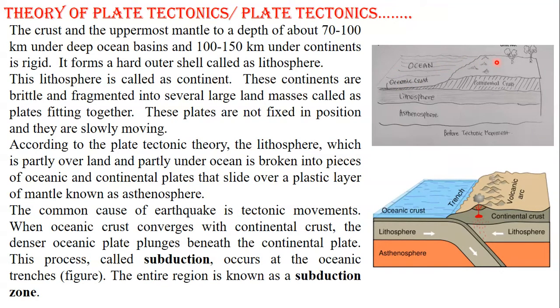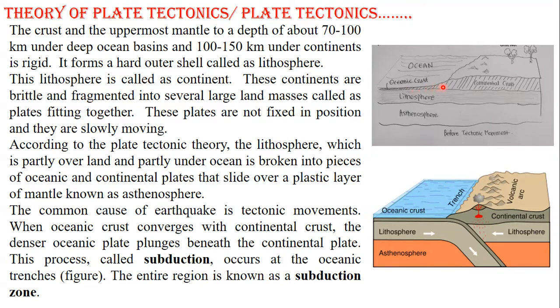Below the earth surface and below the ocean there is a layer of crust, and this continental crust has more thickness below the continent, and a nominal or less thickness below the ocean. So this is called oceanic crust.